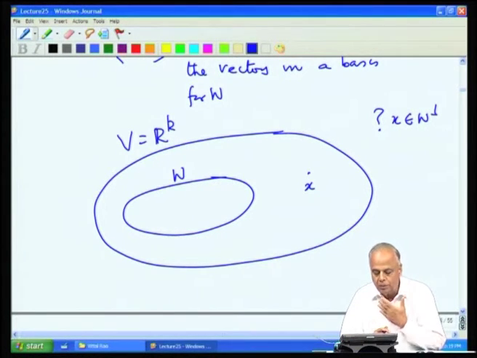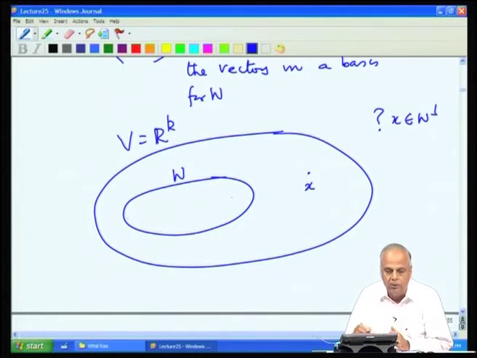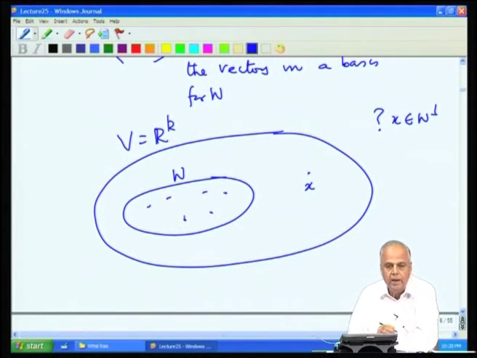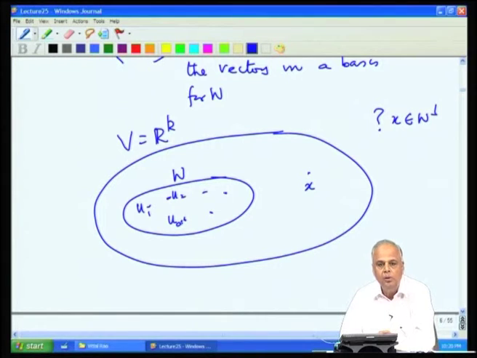Basically, in order to check that, we have to check whether x is orthogonal to every one of the vectors in W. However, what we have now shown is, you do not have to go on checking with every vector. You choose these d samples, namely the basis vectors, and just check whether x is orthogonal to u 1, u 2, and u d.